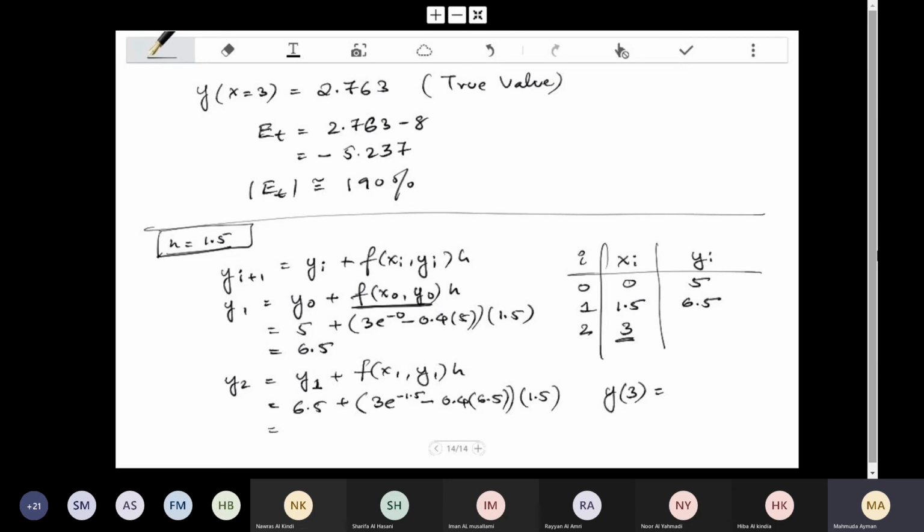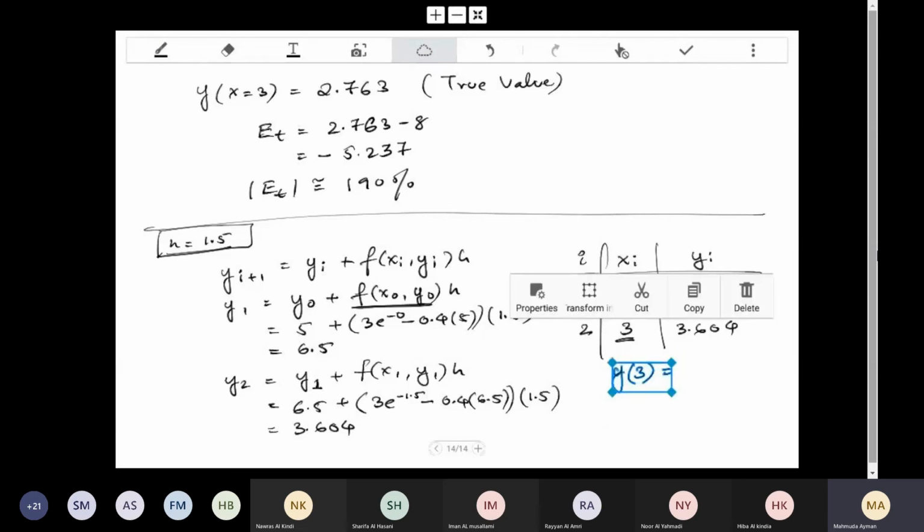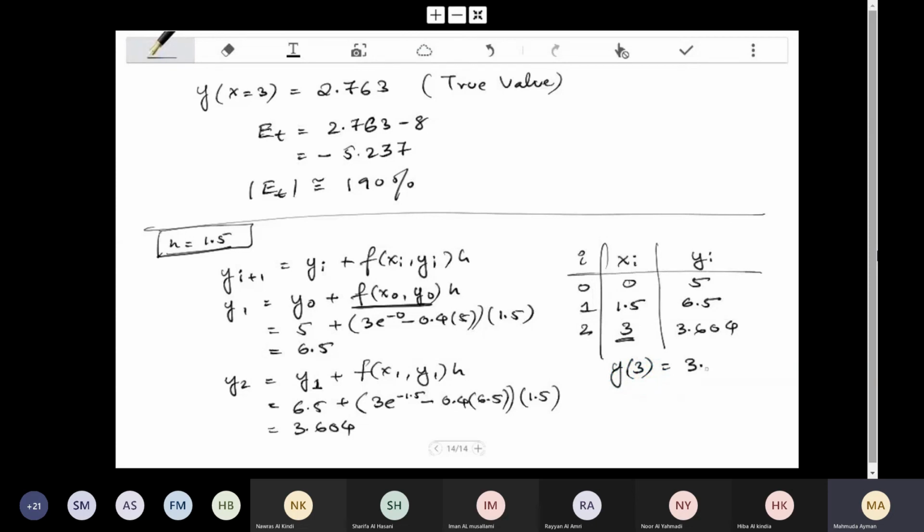And if you solve this one here, you get 3.604 as the answer. So you can say that y of 3 is equal to 3.604.